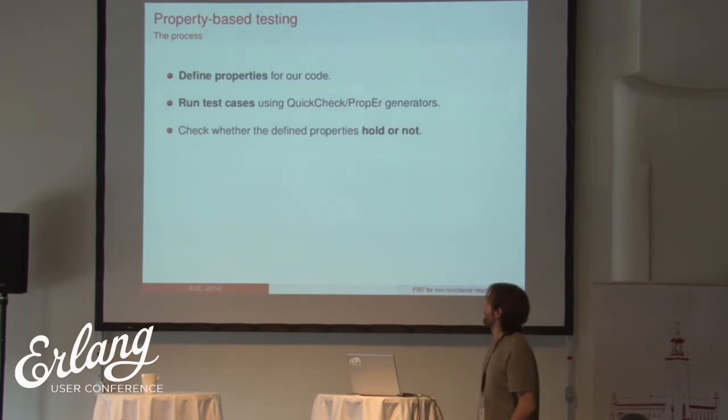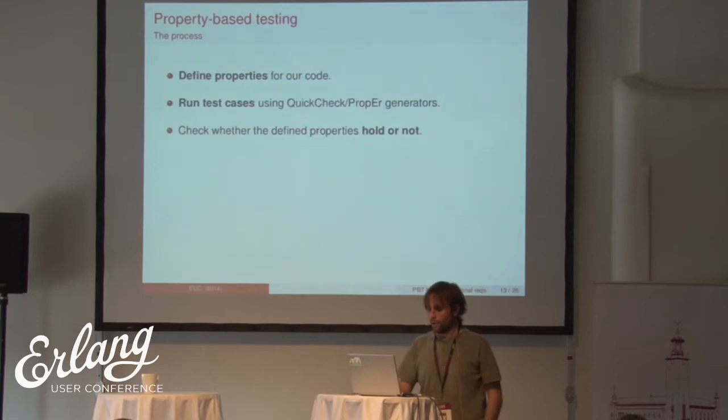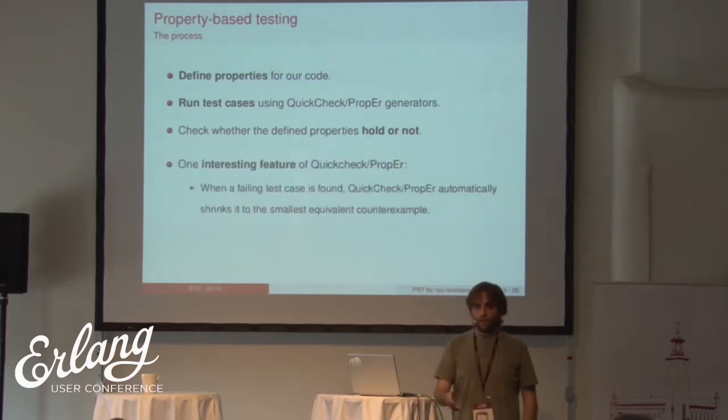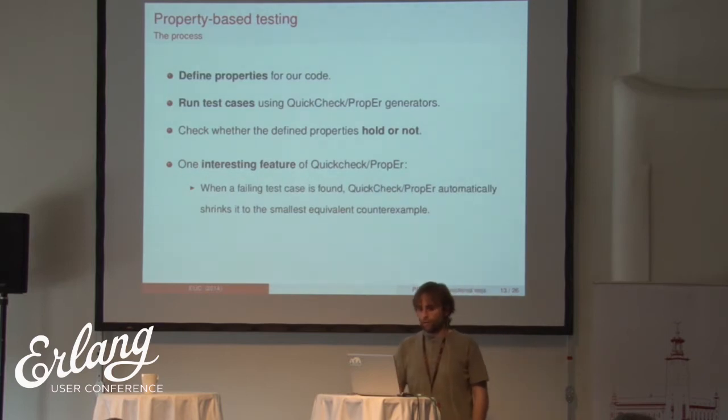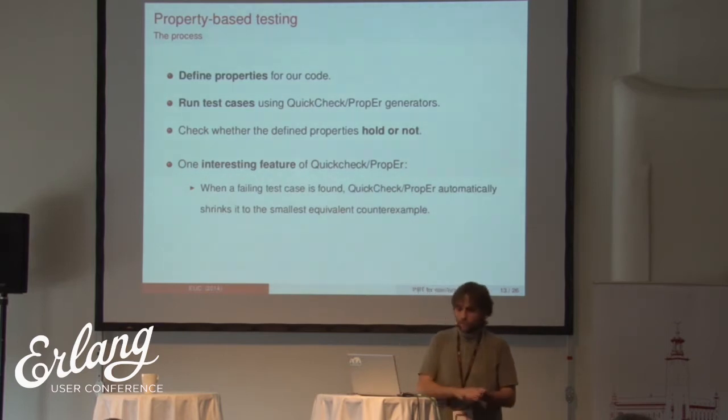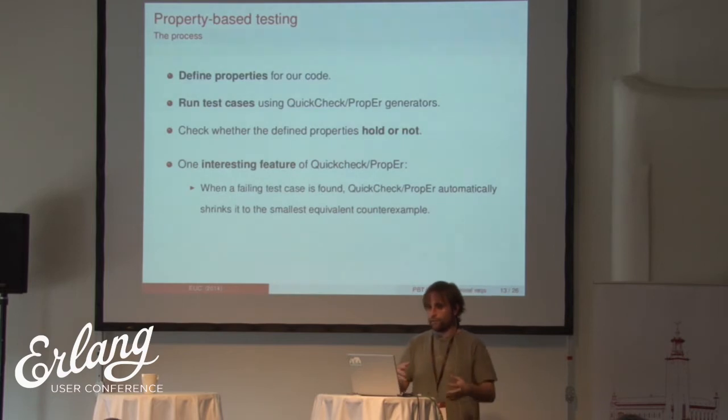The process: define the properties, run the test cases using the generators, and finally check if the properties hold or not. Another interesting feature: when QuickCheck finds a failing test case, it reduces it to the smallest counterexample that provokes the same error.